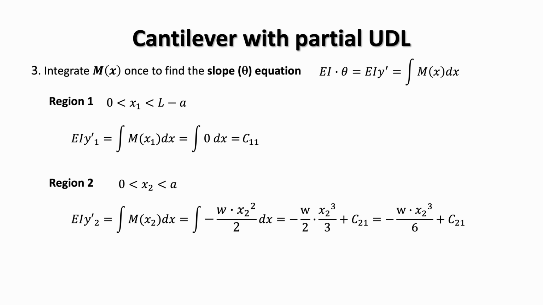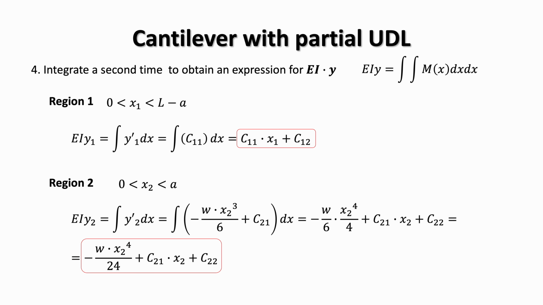As you note here, and as in previous examples, the constants of integration are numbered so that the first index indicates the region, so 1 or 2, and the second index indicates which integration they came out of, so in this case, both from integration 1. At this stage, we have two constants of integration, one for each region, and we'll determine them later using boundary conditions and continuity conditions. Now we integrate once more to obtain the deflection expressions in each region.